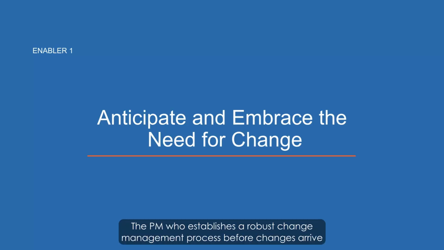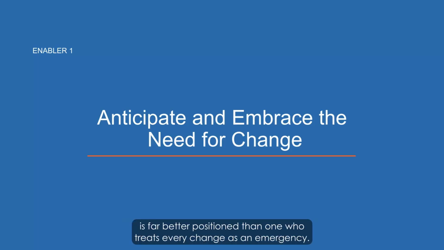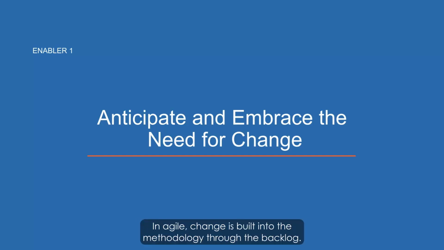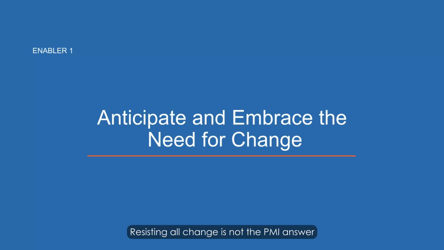The PM who establishes a robust change management process before changes arrive is far better positioned than one who treats every change as an emergency. In Agile, change is built into the methodology through the backlog. The exam tests whether you embrace change as information, something to respond to thoughtfully, rather than resisting it as unwanted disruption. Resisting all change is not the PMI answer.